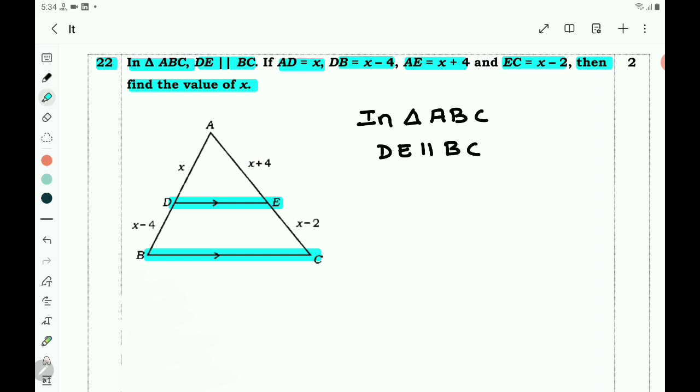You can write that AD by DB equals AE by EC. Write that one. AD by DB equals AE by EC. Reason? Thales theorem.